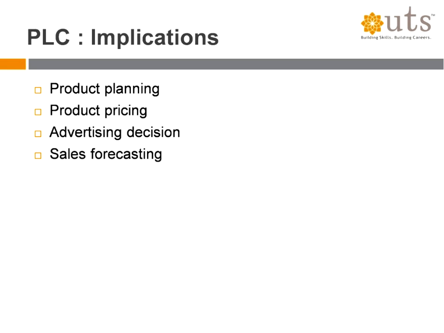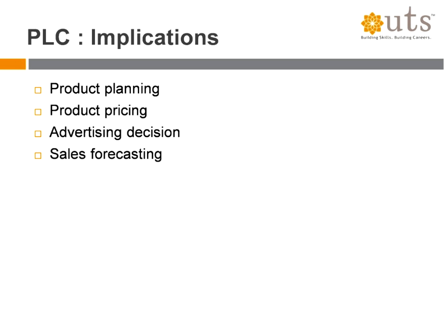Second is product pricing. You can decide upon pricing depending upon the stage of PLC. Third is the advertising decision, because the advertising, as we have already discussed, differs in all the stages. Next is sales forecasting. Now, what is sales forecasting?